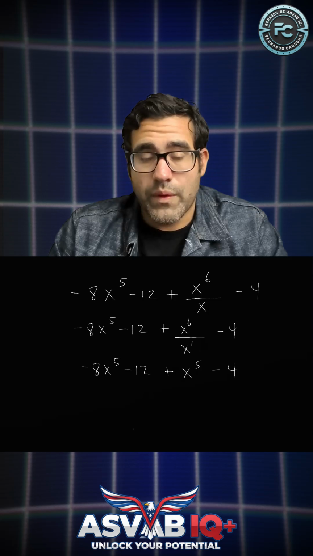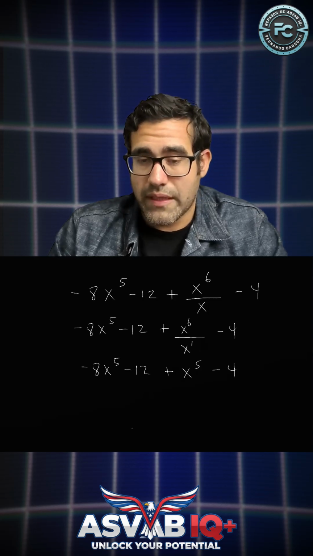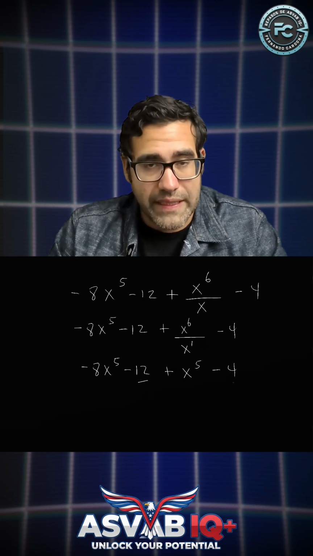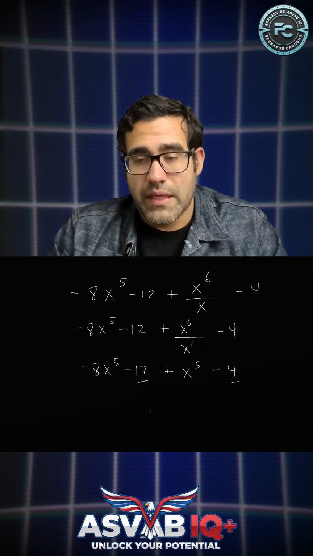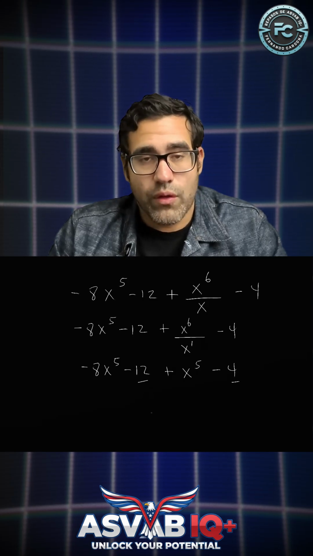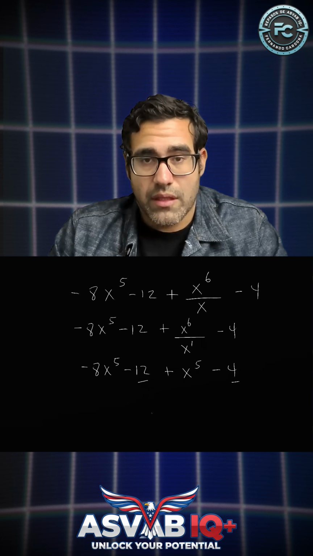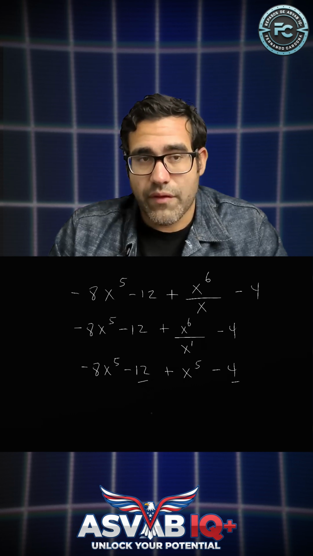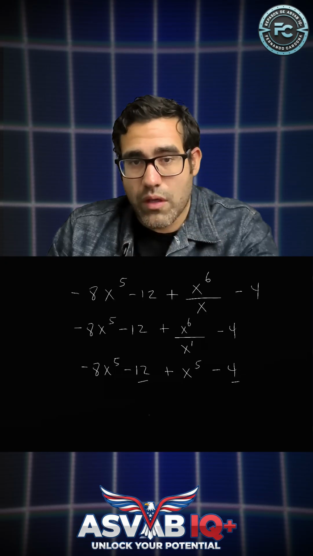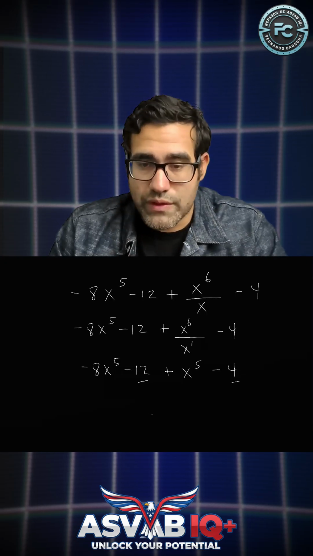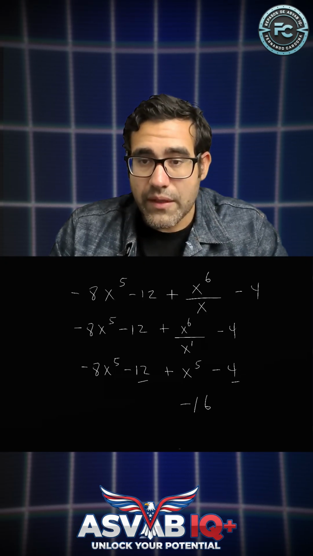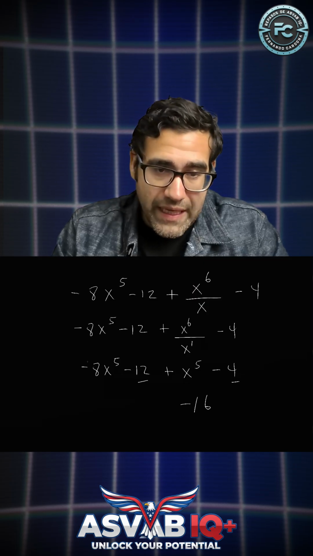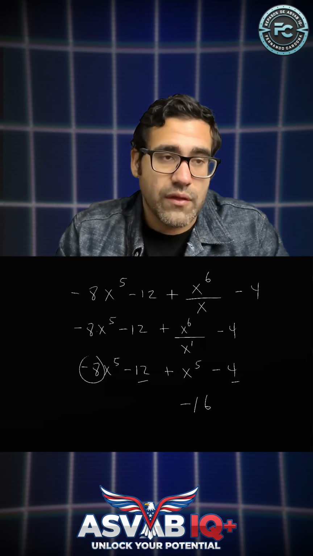Now we can add the like terms. Negative 12 and negative 4 are like terms. We can add them. If I take away 12 and I take away 4, you lose 16. In math, when you're adding negatives and positives, think of a business transaction. They take away 12, they take away 4, you lose 16. Here it says they take away 8, even though you don't see it.